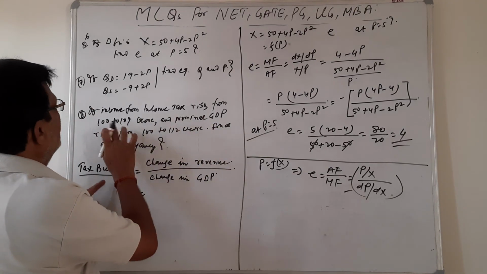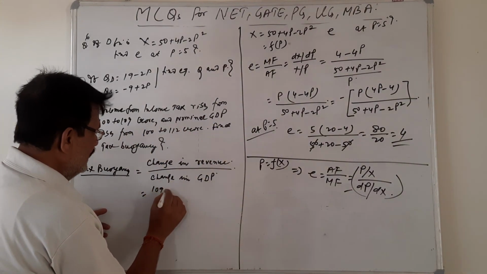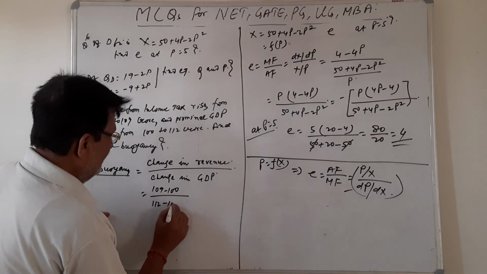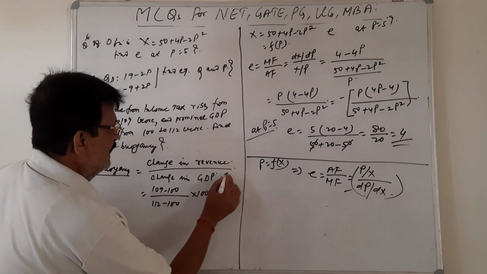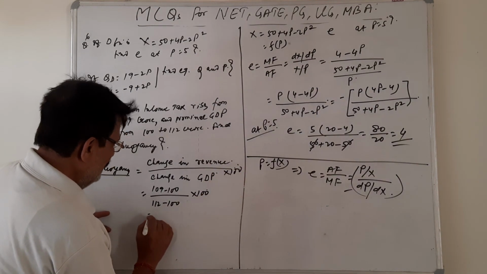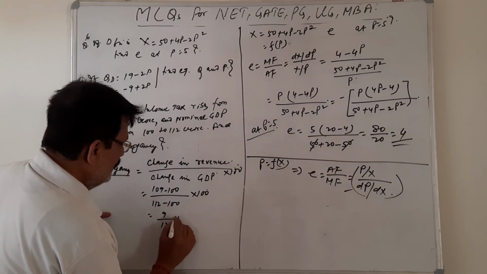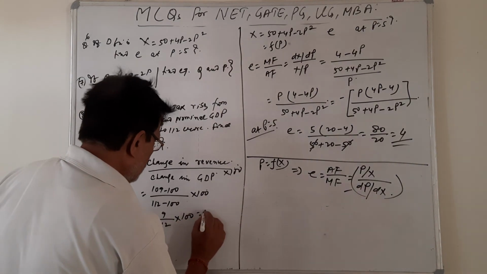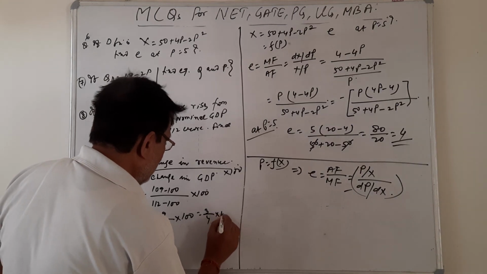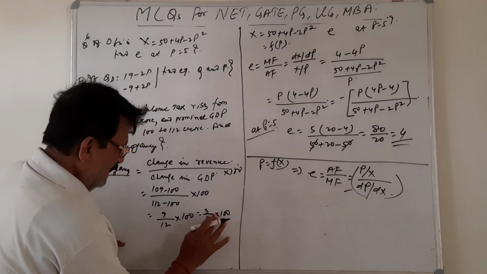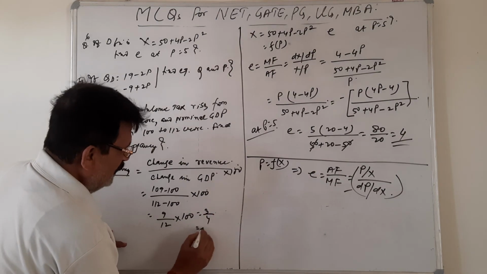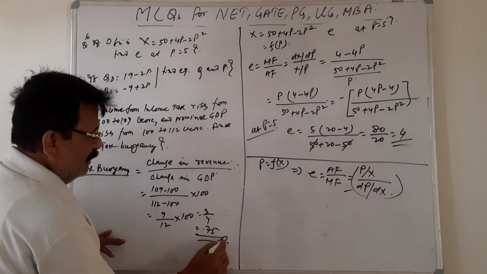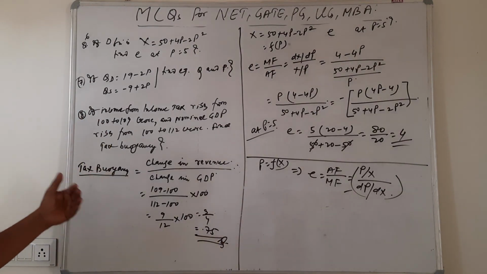So change in revenue is 109 minus 100, and change in GDP is 112 minus 100, and this is multiplied by 100. So 9 by 12 into 100, and so 3 by 4 into 100. Either you can write the answer as 3 by 4, it could be 0.75, may not be multiplied by 100. So this is 0.75. So this is how we calculate the tax buoyancy.